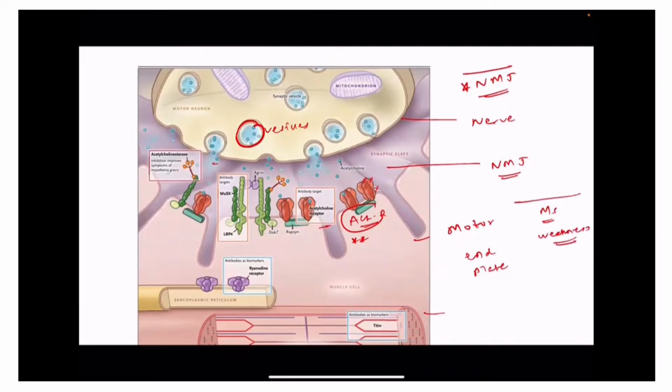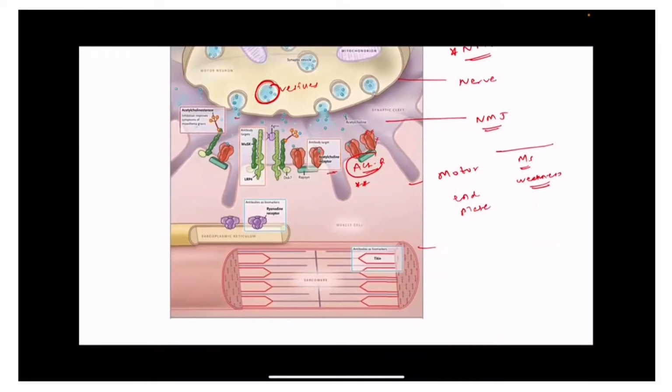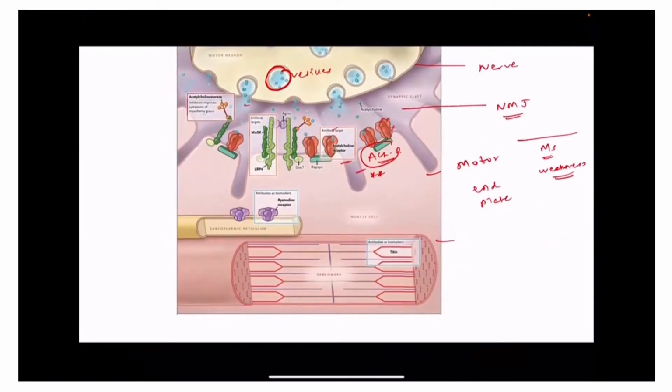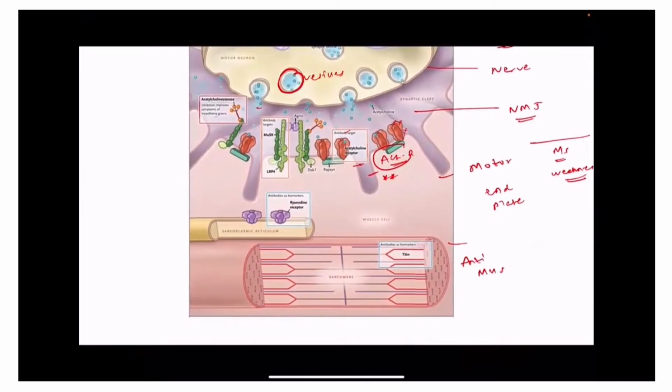In some cases, there are no antibodies against the acetylcholine receptors. What happens is, there are antibodies known as anti-MuSK antibodies. So what are these anti-MuSK antibodies? These anti-MuSK antibodies are anti-muscle specific kinase, that is, certain antibodies which directly affect your muscles.